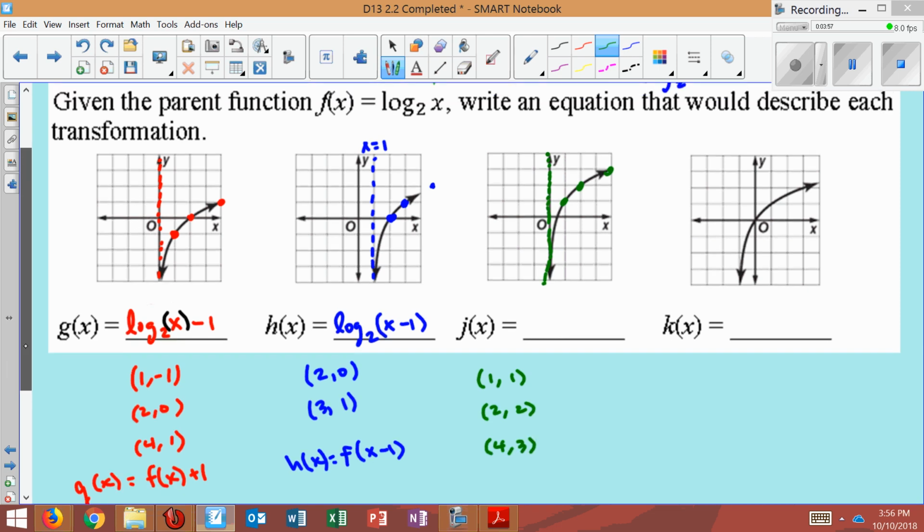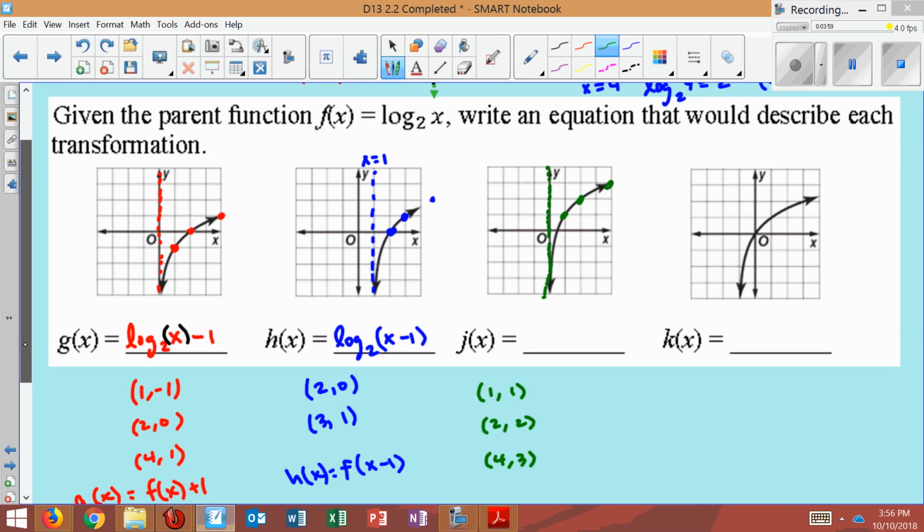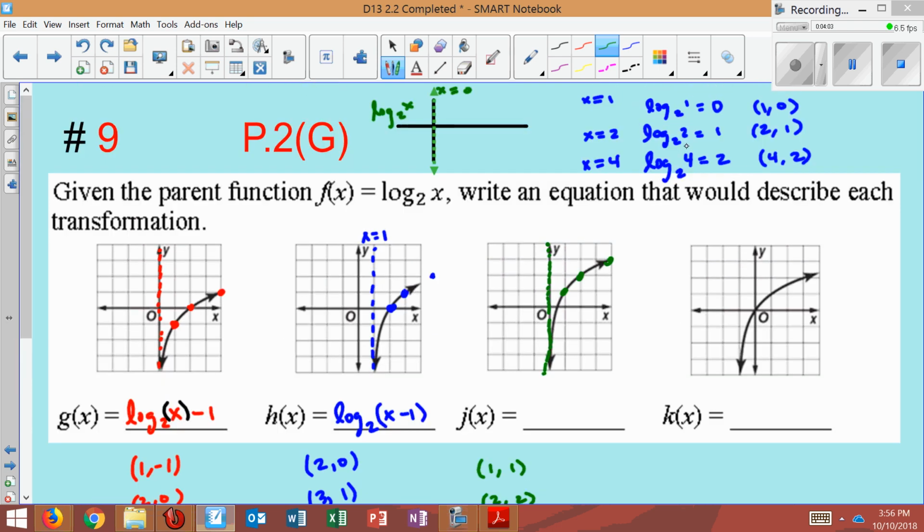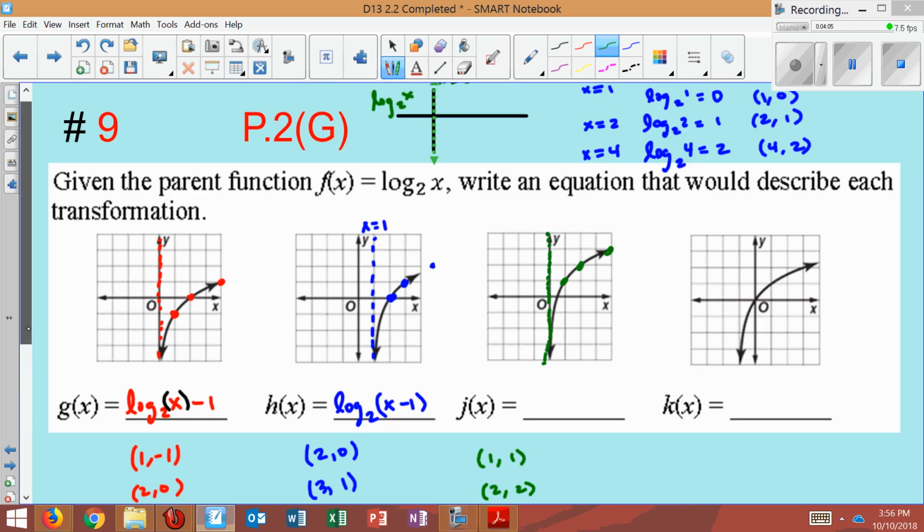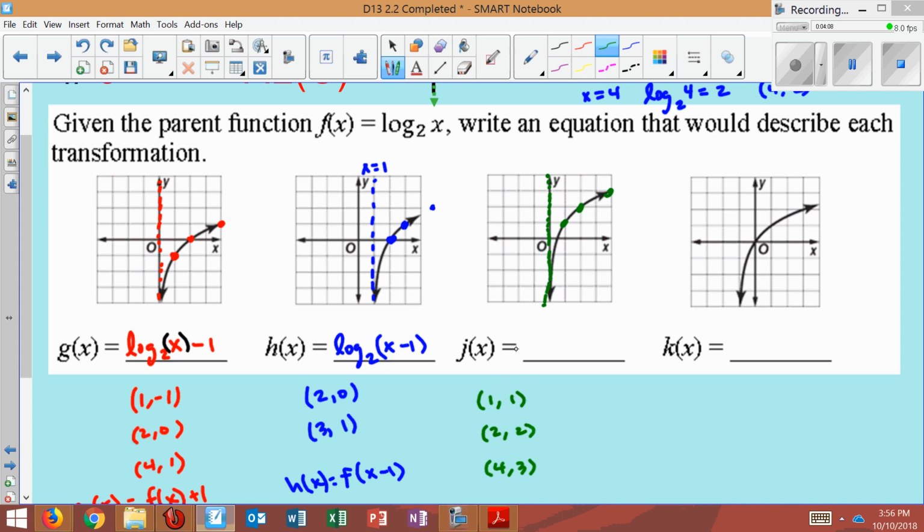As I compare these points, I see that the y values have just been shifted up 1. So, how do you shift the equation up 1? On the outside, I add 1. So j of x could also be written as f of x plus 1 on the outside.